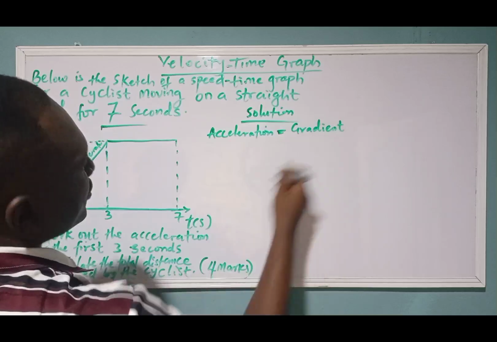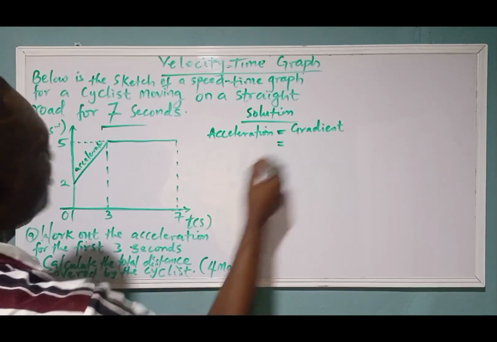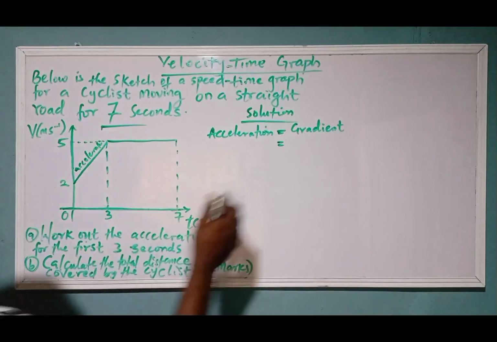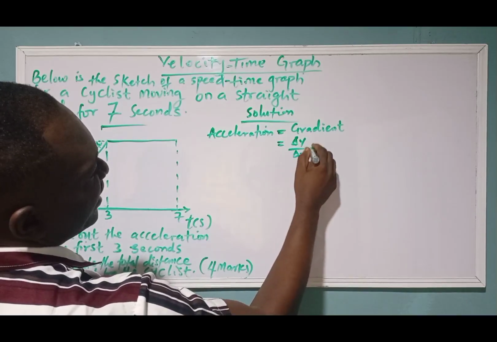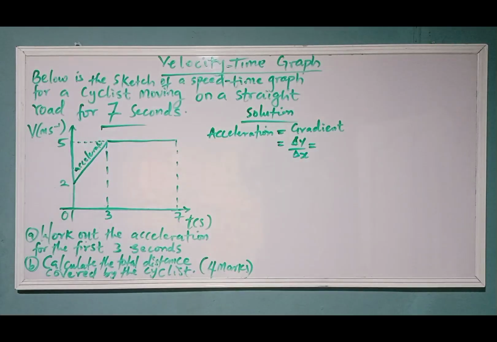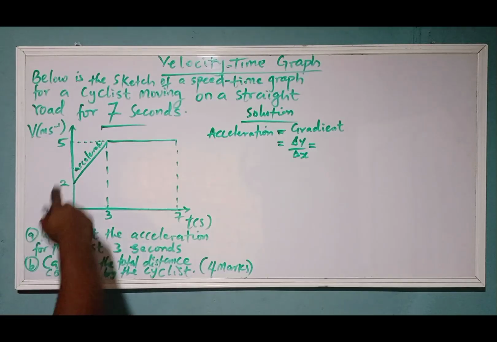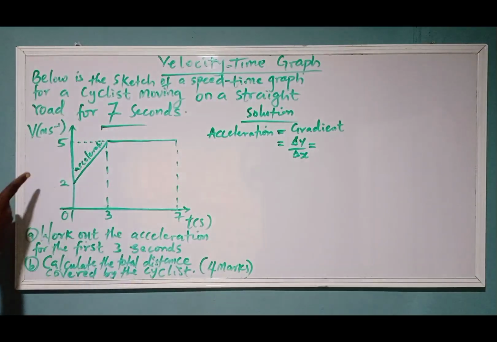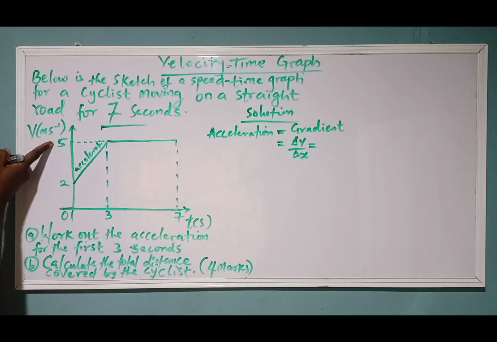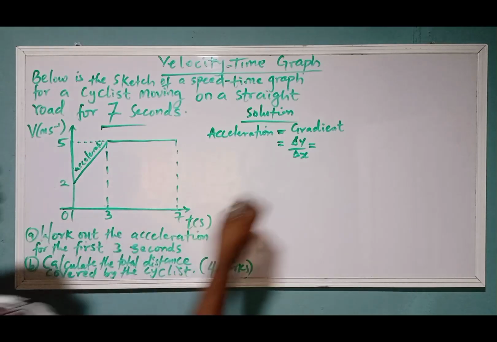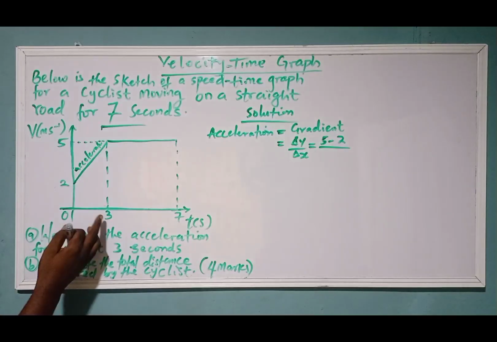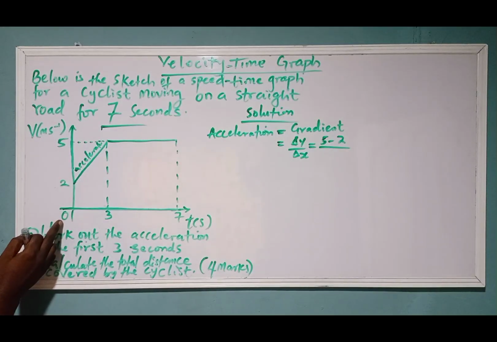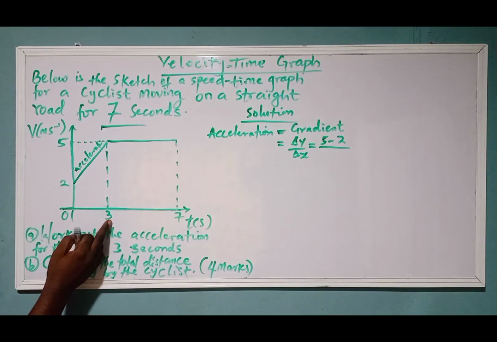So gradient at this portion is just change in y divided by change in x, right? For change in y, that's the vertical portion. You can see we have 2 and 5, so the change is 5 minus 2. Then for the horizontal portion, we have 0 and 3, so the change is 3 minus 0.